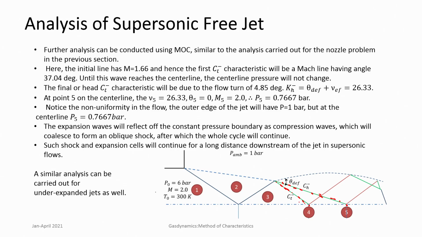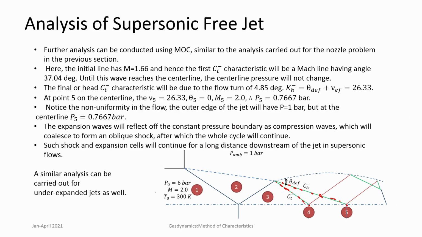Therefore you get the value of Mach number at 4 and 5 because theta is 0. If you know the value of nu, you get M5. If you know M5, we can calculate p5. By this way we can continuously find out this, and this in turn continues as a whole cycle.